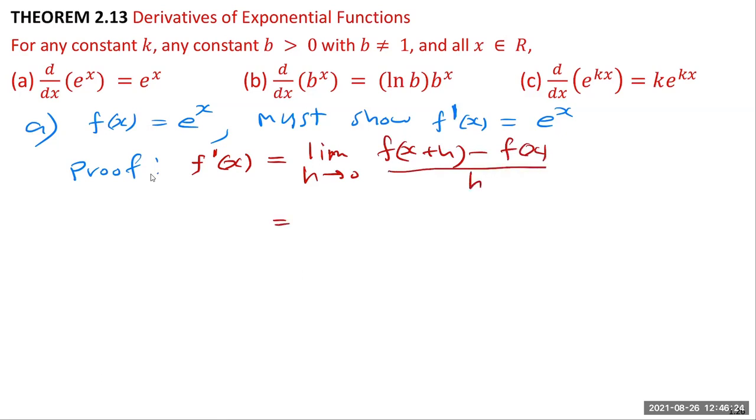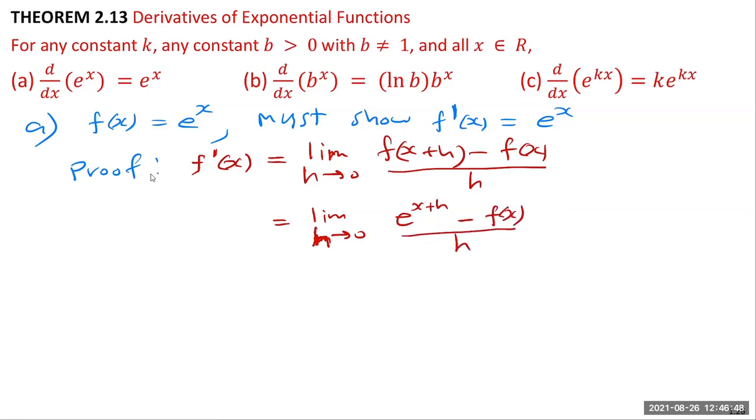Now I can find f of x plus h. Limit as h approaches 0, f of x plus h is e to the power x plus h. You just plug in x plus h into the function f of x, minus f of x divided by h.